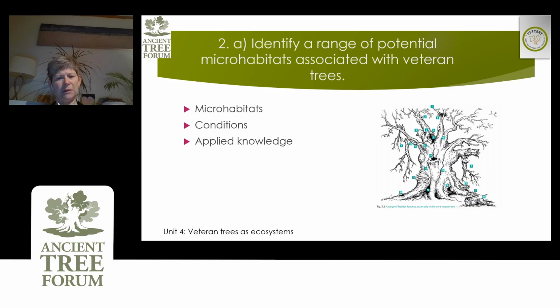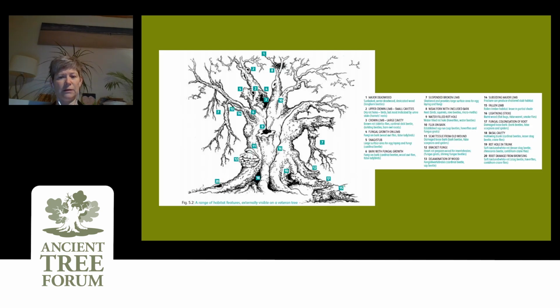Once again, we're not expecting you to be able to identify all those species, but we are expecting you to be able to identify the range of different potential habitats that exist on the old trees. This is from a page taken out of the David Lonsdale book that I've already mentioned, and it's a useful summary. It's not exhaustive, but it gives you a summary of the kinds of habitats you might expect to find in an old tree.